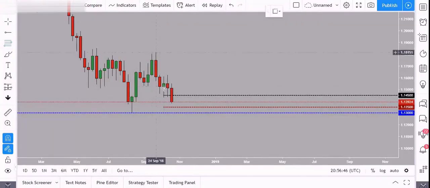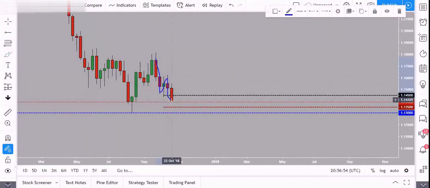Except using this kind of fib, I can use another fib, and the fib I can use is the previous leg. Even if the market melted down, made a pullback and goes down, like the majority way, it still can be counted as one leg. And I want to ask myself, what did the market do before it? I know this is the high and I know the market is melting down. Before it melted down, the market went up from this low to this high.